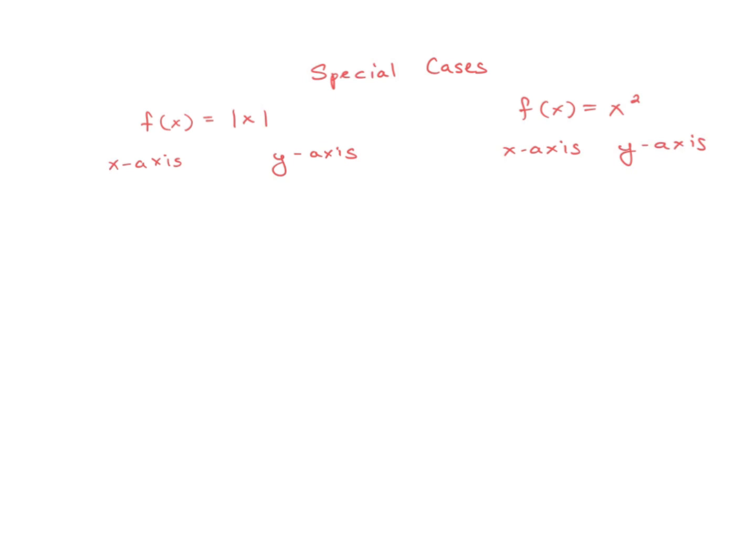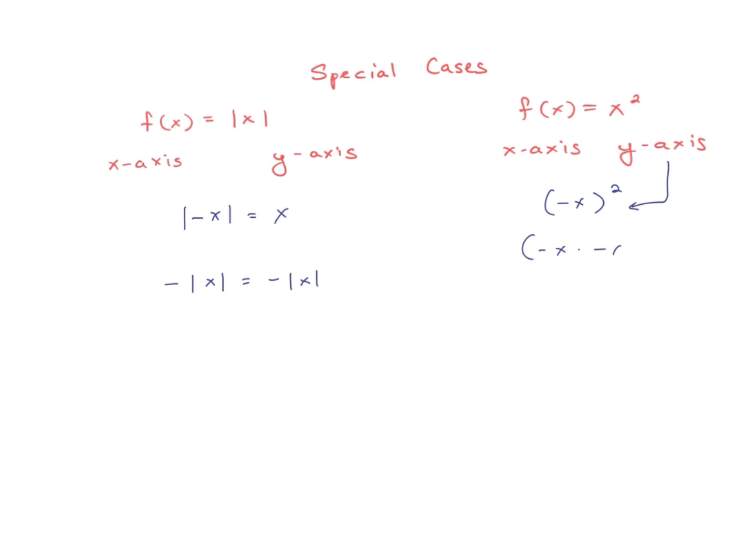And last but not least, a couple of special cases. If you have a negative x on the inside, the absolute value of negative x is just x. But if you have a negative on the outside, you would call that a negative absolute value of x. Then if we look at negative x squared, this is more towards your y-axis because you're changing the value on the inside.